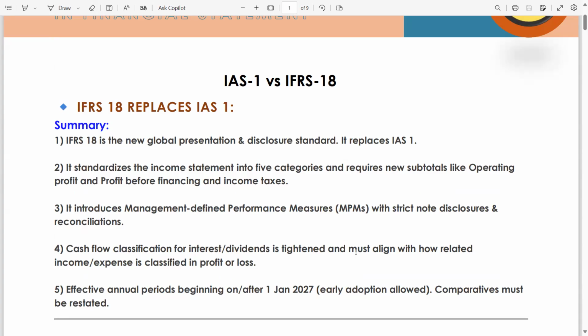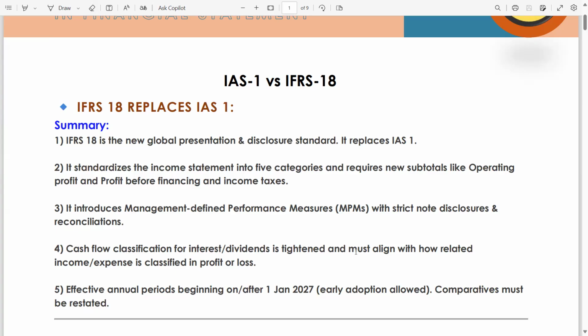The summary: IFRS 18 is the new global presentation and disclosure standard. It replaces IAS 1. It standardized the income statement, means it structured the income statement into 5 categories, which we have just covered, and requires new subtotals like operating profit and profit before financing and income taxes.